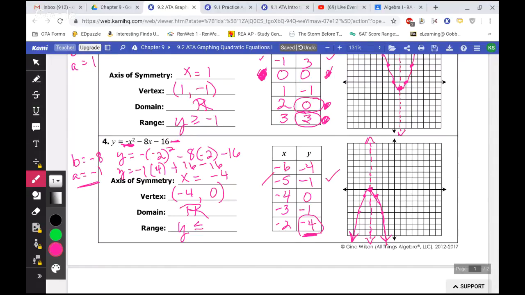Good job. It has to do with the y coordinate of the vertex. The less than is because it's a frowny face. And because it's dealing with the y, it starts with the y variable. So y is less than 0.